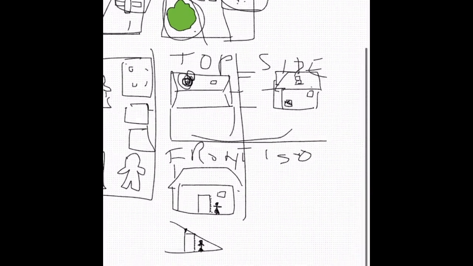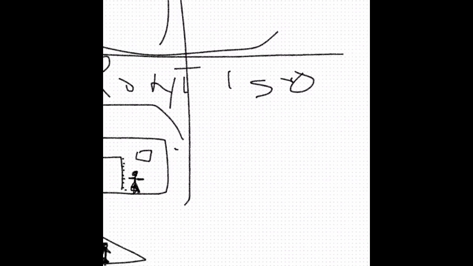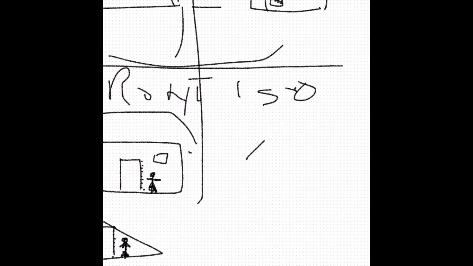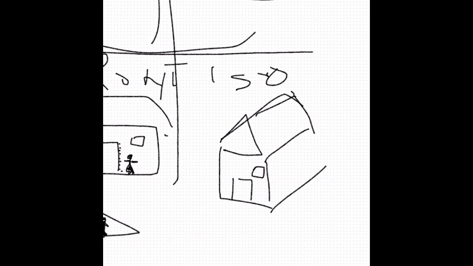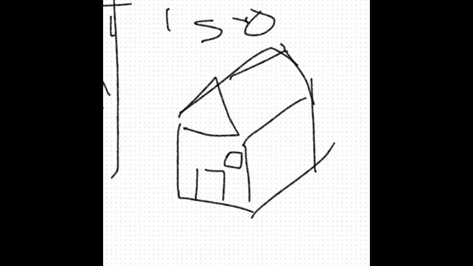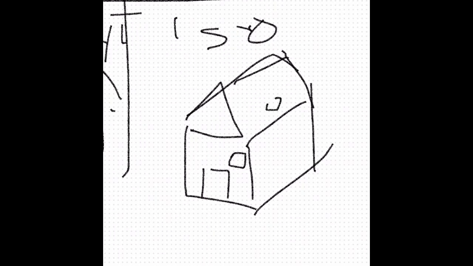And so you got all these views. You got ISO 2. We try to see what the whole thing looks like. And it's going to be at an angle. And so you got your window in front, and the door. You got the side view.